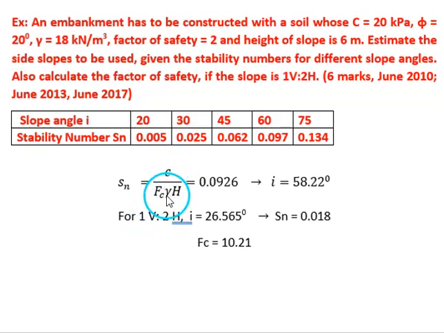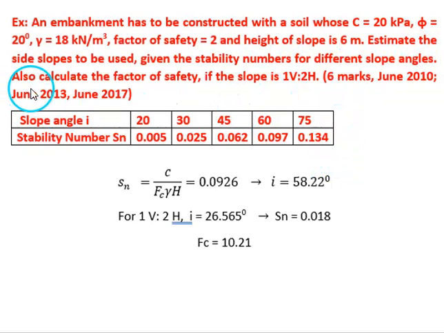Here C value is given, Fc value is given, which is 2, gamma value is given, and height of the slope is also given as 6 meter. By substituting all these values, we can calculate the stability number, which is coming as 0.0926. Corresponding to this value, we have to find the value of i. By using interpolation method, we find the i value, which is coming as 58.22 degrees. So that is the first part of the question.